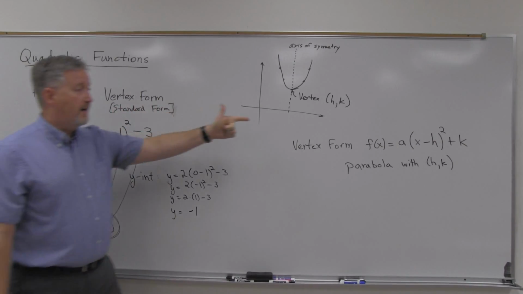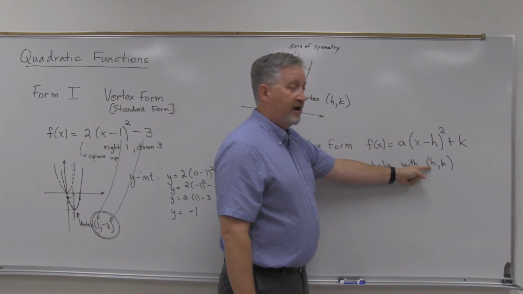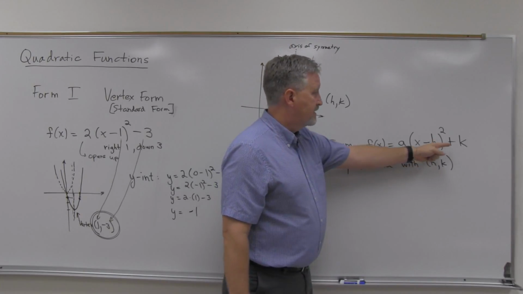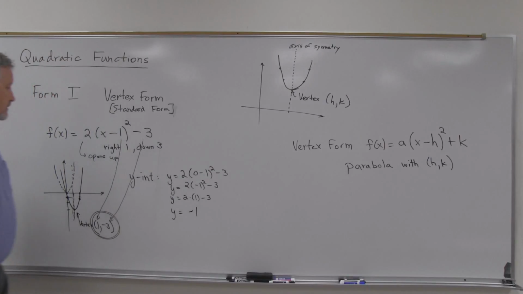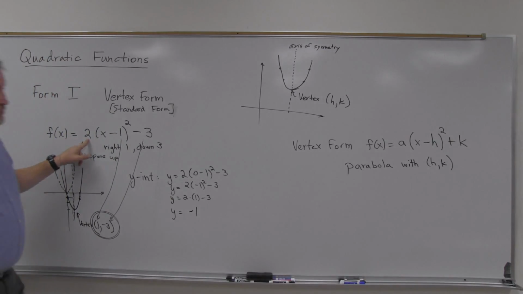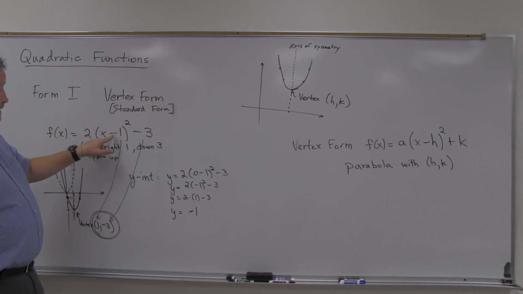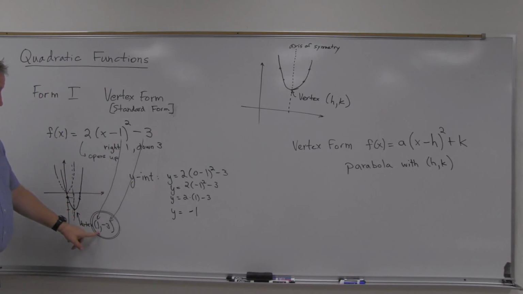So you do the opposite sign for your h, and the k is just straight up. The a is the first one, the 2 from 2x squared. The h was positive 1, even though it's minus 1 in the equation. And the k is minus 3, just like this. We'll do a couple more.